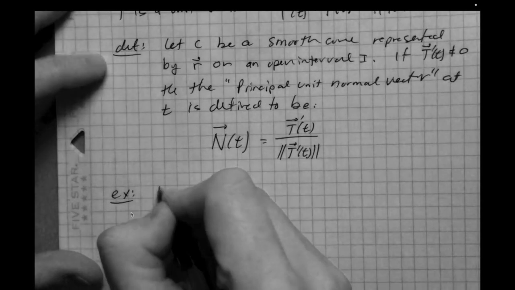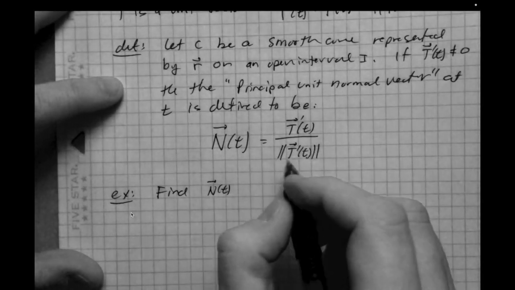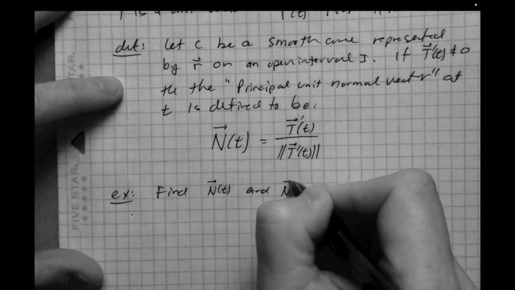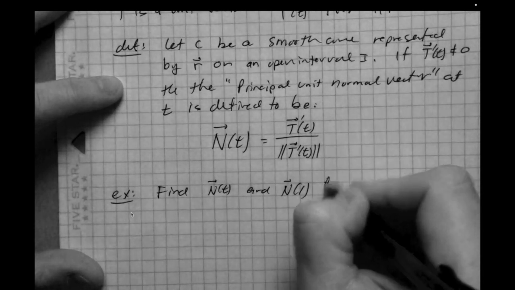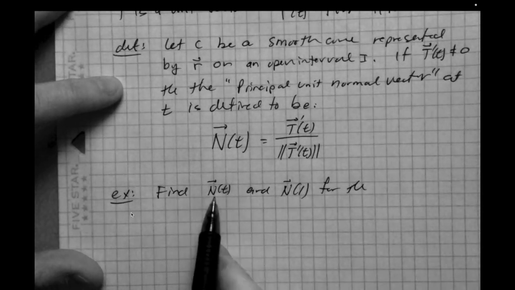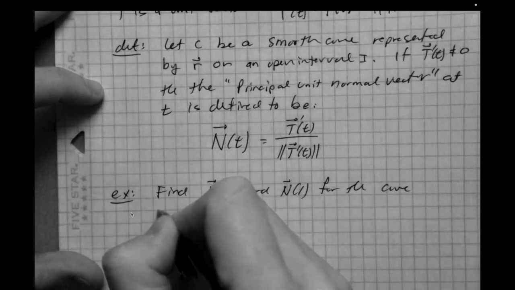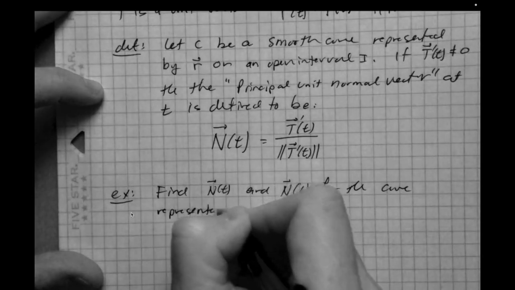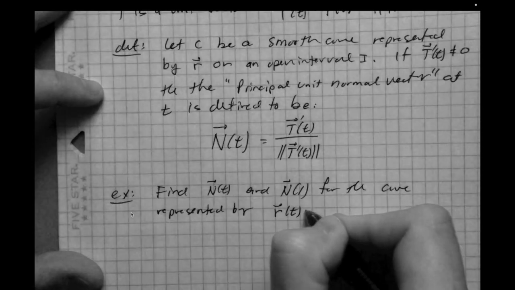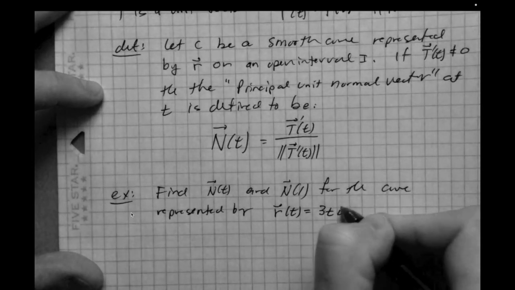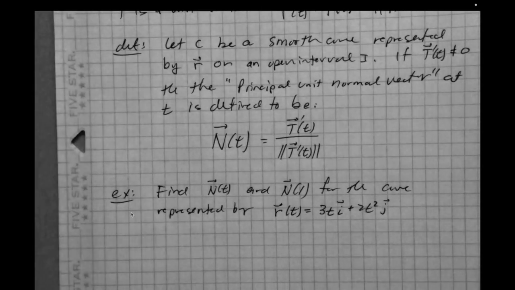Let's find N of t and the unit normal vector at t equals 1. So we'll find the form of the thing, and then we'll evaluate it at 1 for the curve represented by R of t equals 3t i plus 2t squared j.